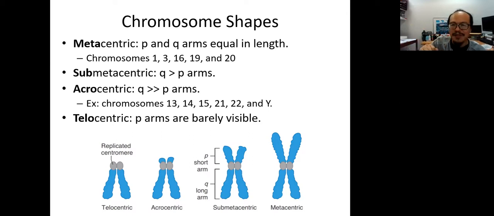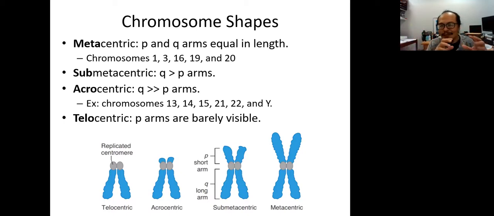That may not be too weird, but another thing that is especially unique about these acrocentric chromosomes is that they have identical repeats. So the same repeats in 13P are in 14P, 15P, 21P, 22P. They have the same repeats.